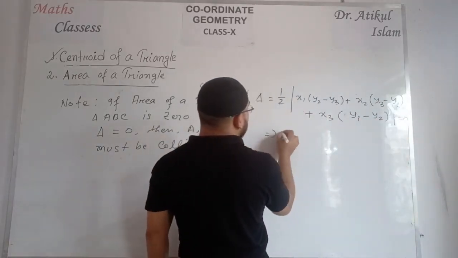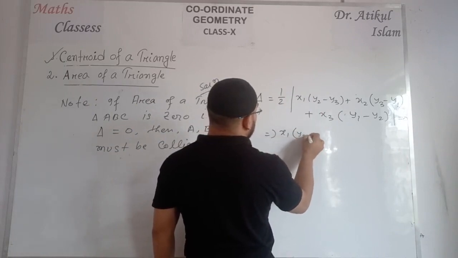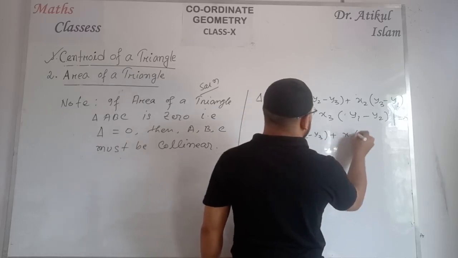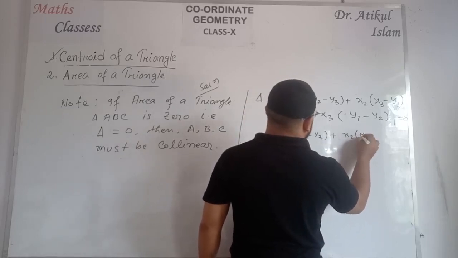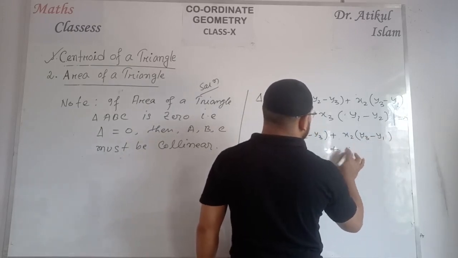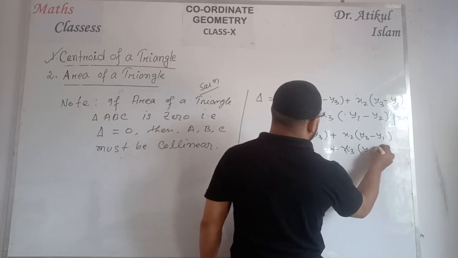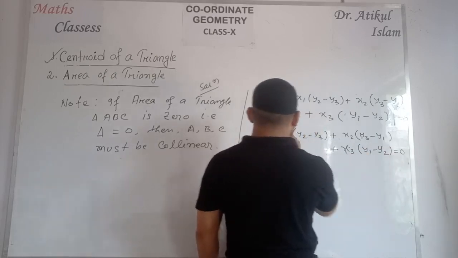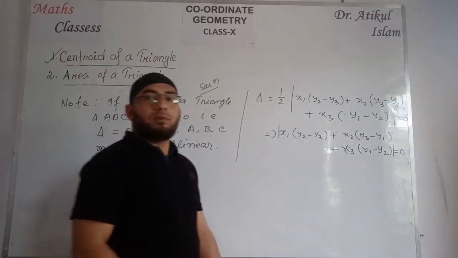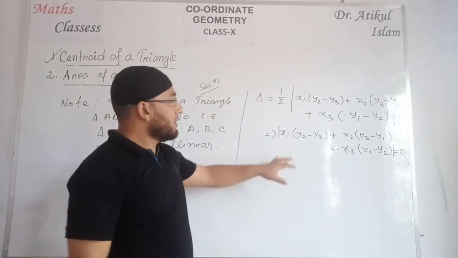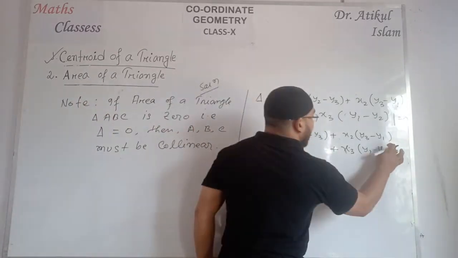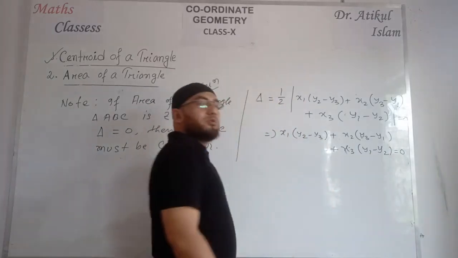So that is x1 (y2 minus y3) plus x2 (y3 minus y1) plus x3 (y1 minus y2) equal to 0. So whenever you have to show that the points are collinear, you can put this here, and if the value is 0, then the points will be collinear.